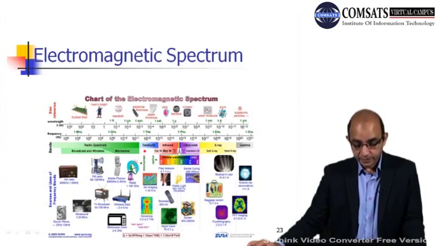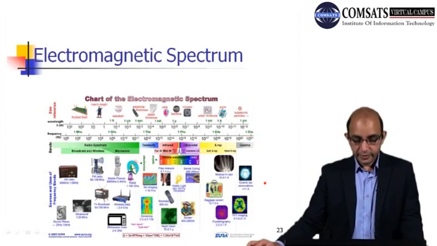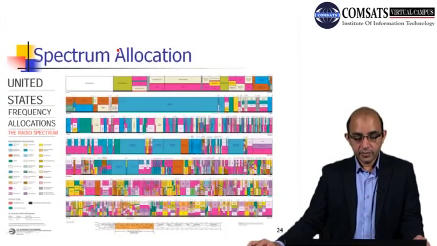Then we have infrared, ultraviolet, X-rays for medical imaging and crystallography, and gamma rays, cosmic rays. So this is the whole story of the electromagnetic spectrum.